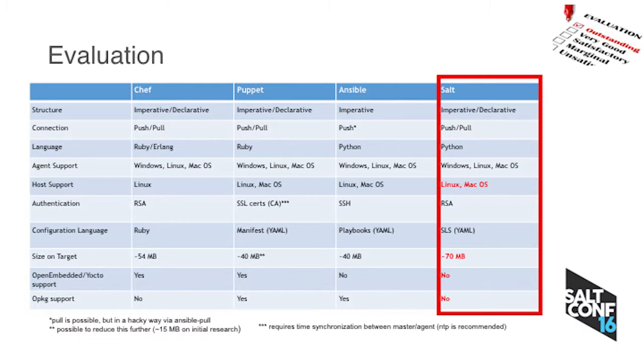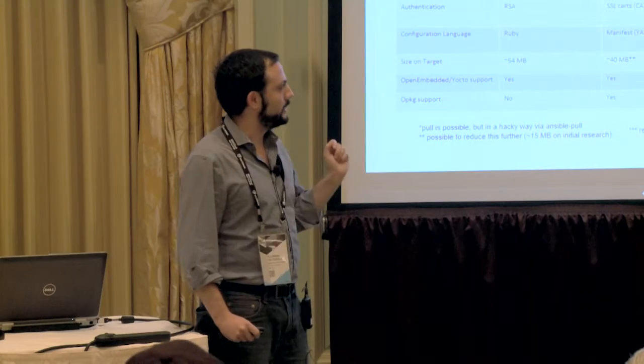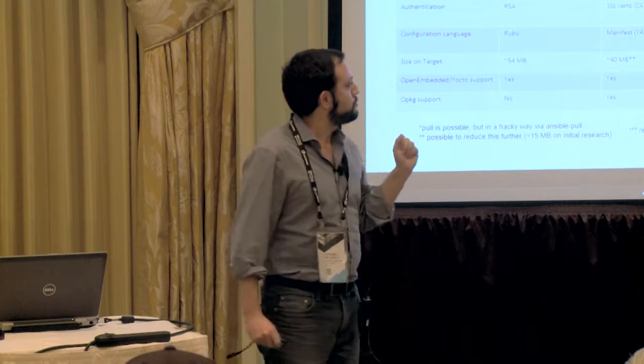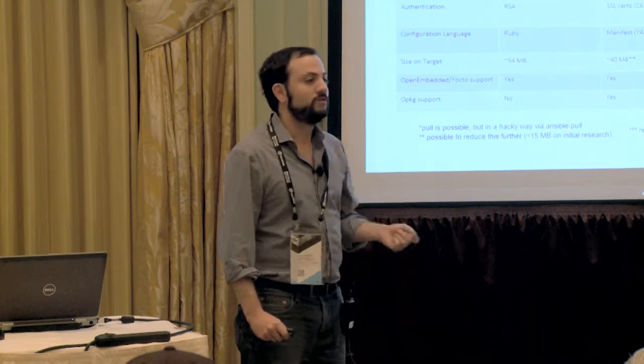This is actually the table that I presented to our leadership with a comparison that we did. There's been tons and tons of these tables. Everyone has their own to compare the 4 main ones. But the point that I want to drive here is that when we chose Salt, we identified holes.